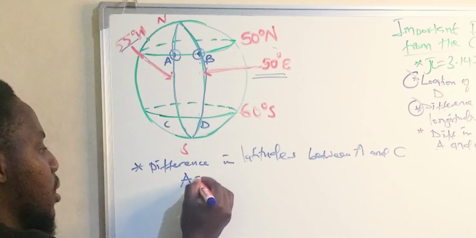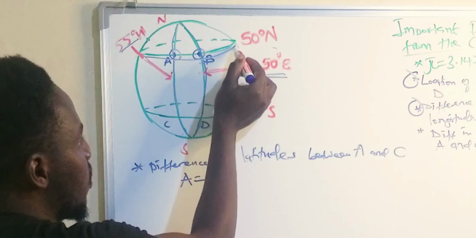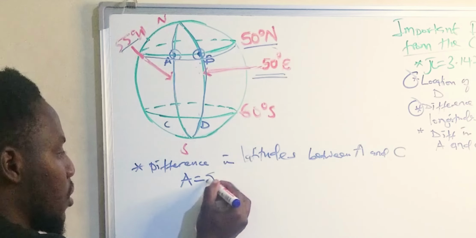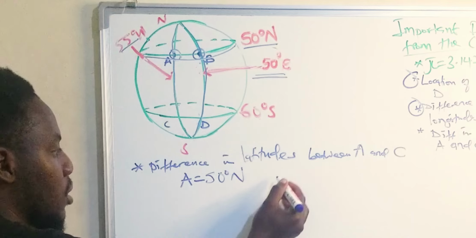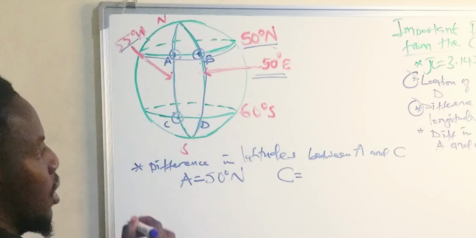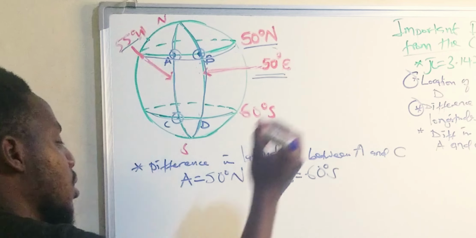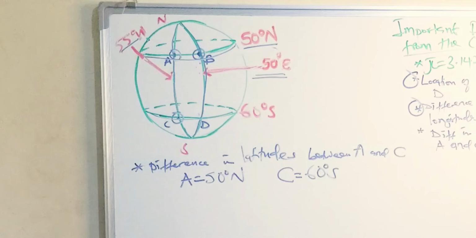So A is here, and A is on latitude 50 degrees north. C is here, and it's on latitude 60 degrees south.